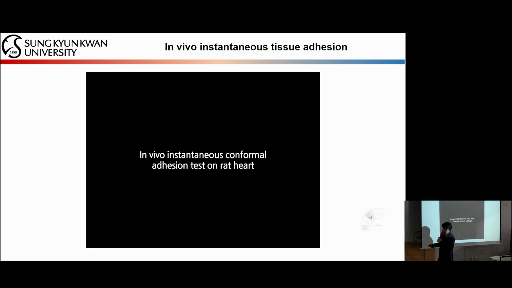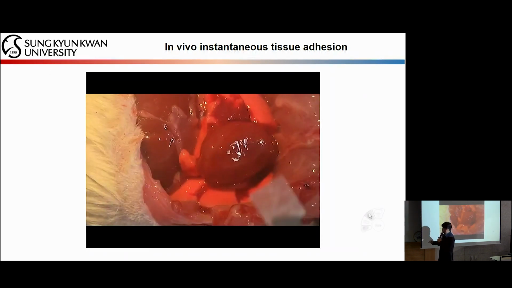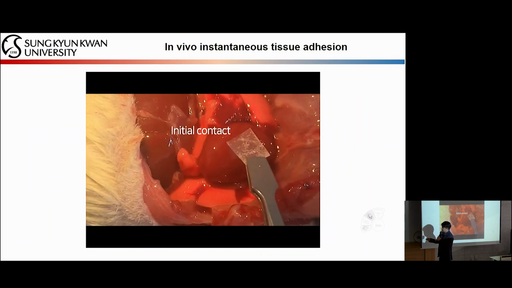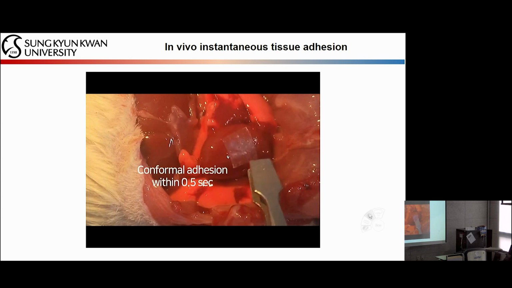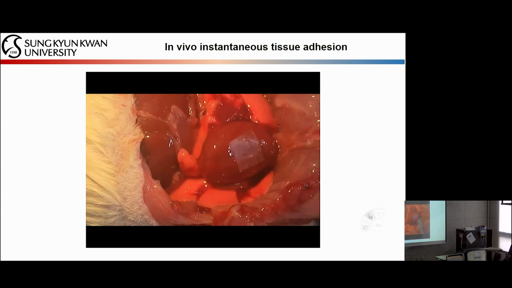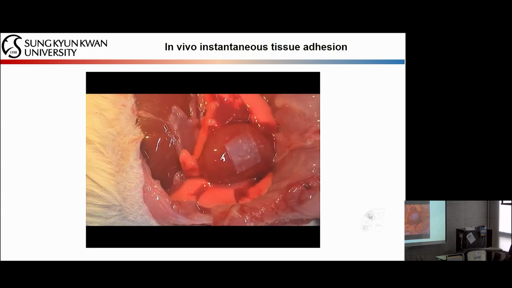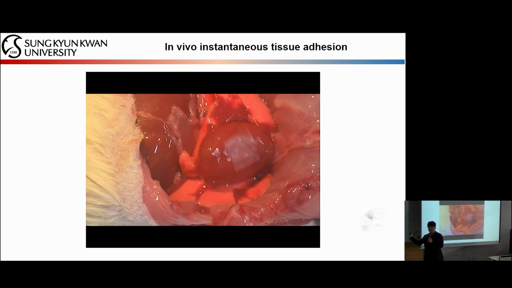And we can attach our patch film onto the real-time beating heart surface like this. This is very simple. It means we do not use a suturing process to fix the epicardial patch to the cardiac tissue.